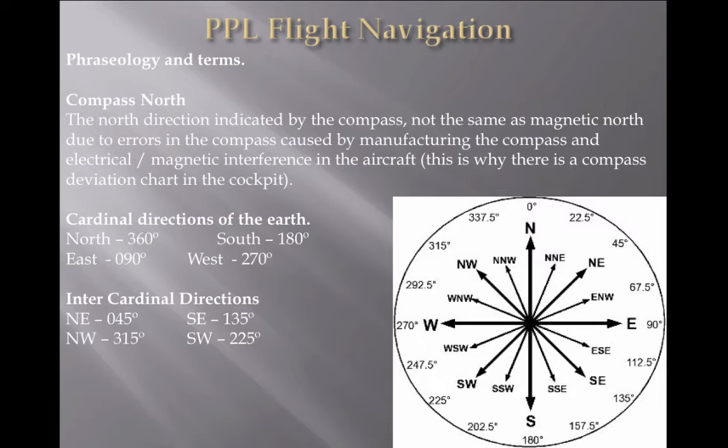It's very important that we can quite easily access the degrees for north, east, south and west, and the intercardinal directions. There will be one or two questions on the exam that reference these, so try to commit them to memory. So northeast 045 degrees, northwest 315 degrees, southeast 135 degrees, southwest 225 degrees.